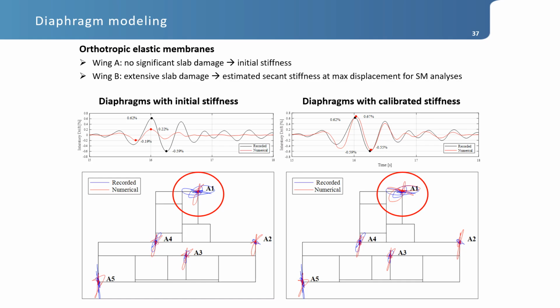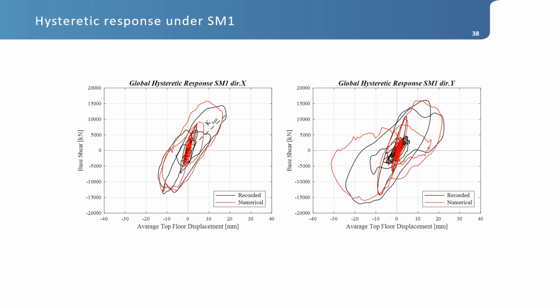So in this case, you see that for most of the recording points, we have a very similar response with respect to the numerical, which is very close to the recorded one. And in terms of time history, the oscillations are synchronous and the peaks very close to each other.